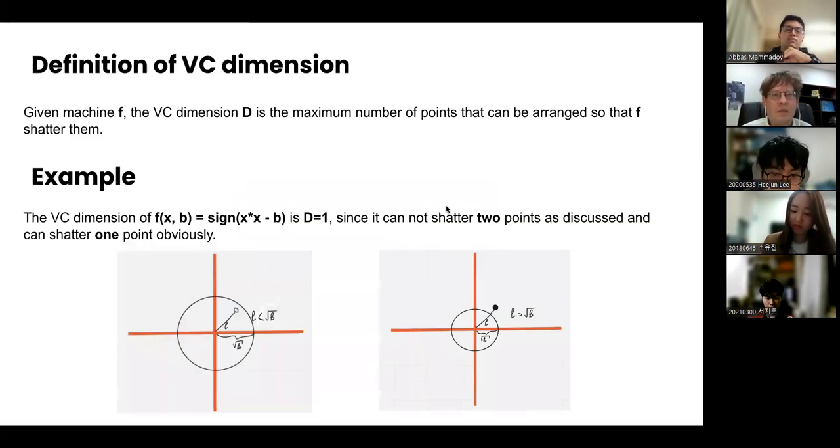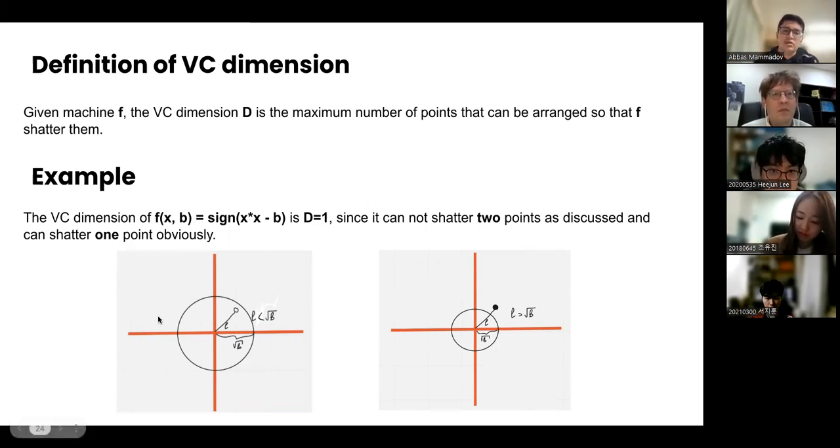We just need to find 2 points that are satisfying those conditions. But rather than that, we should consider all the possibilities of arrangements of negative and positives on all those arrangements, and this can be done in 2 to the power of r possibilities, as we have already discussed.